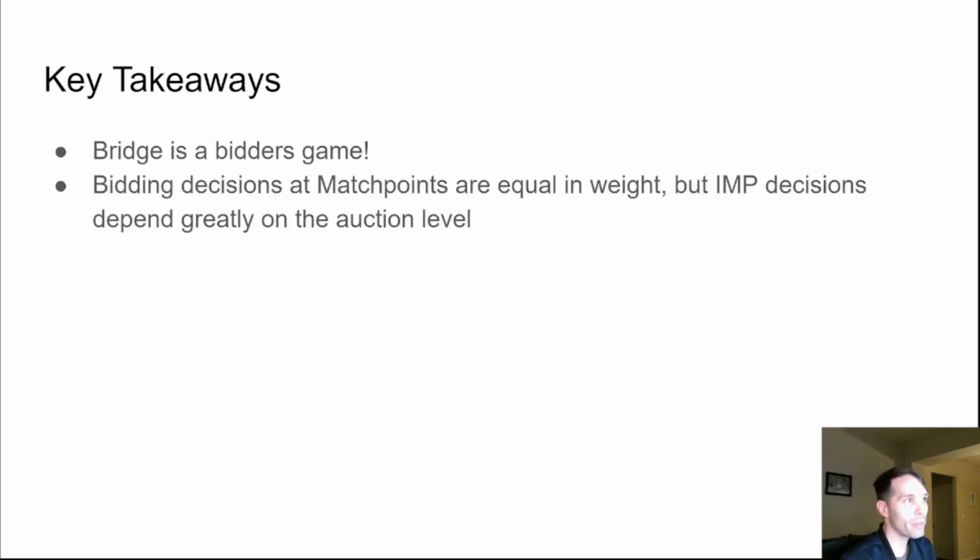And something else that I kind of mentioned, that bidding decisions at match points are equal in weight, but IMP decisions do depend a sizable amount on the auction level.